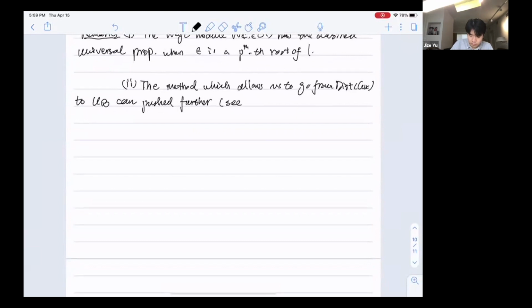For more details, see this paper by Andersen, Polo, and Wen. So let me list a few examples.